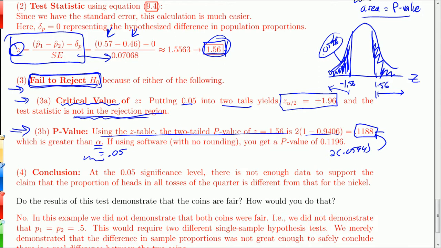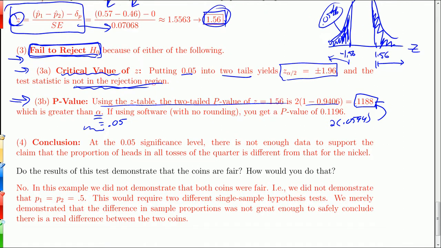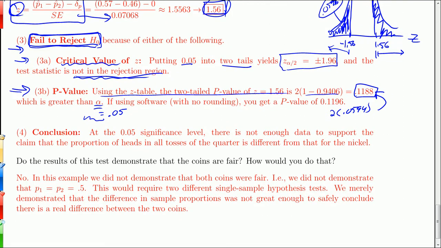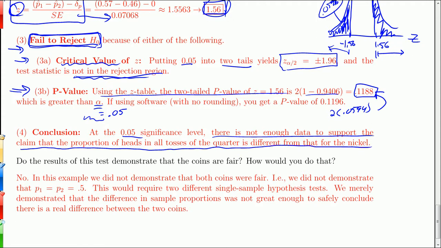Alright, so if I fail to reject the null hypothesis, I can't support the claim, and I say at the 0.05 significance level there is not enough data to support the claim that the proportion of heads in all tosses of the quarter is different from that for the nickel.